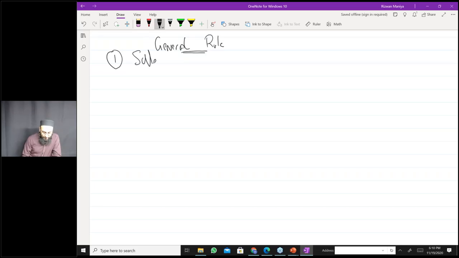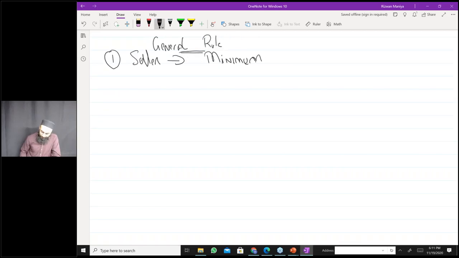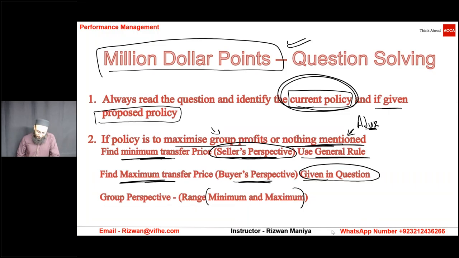So first we need to understand the seller's perspective, and for that we need to find the minimum transfer price. Minimum is what I need here.